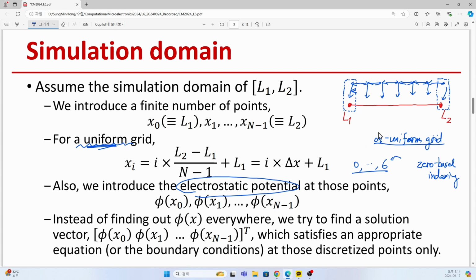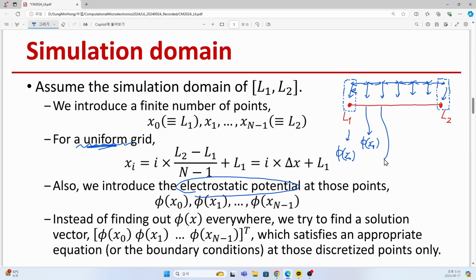So, for example, in this 7 points example, we also introduce 7 unknown variables corresponding to the 7 points. For example, here phi evaluated at x0, and here we define phi evaluated at x1, another one phi evaluated at x2, and finally phi evaluated at x sub 6.